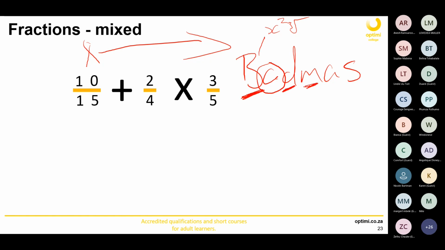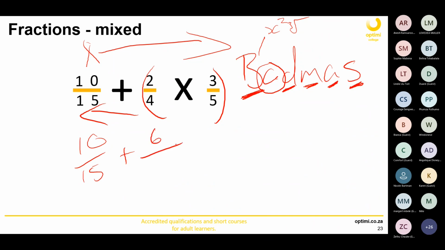Then I do my multiply. Then I do my addition. And last, I do my subtraction. So in this case, I am going to do this first. And then I'm going to do this. So I just bring that one down. Plus 2 times 3 is 6 over 4 times 5 is 20.